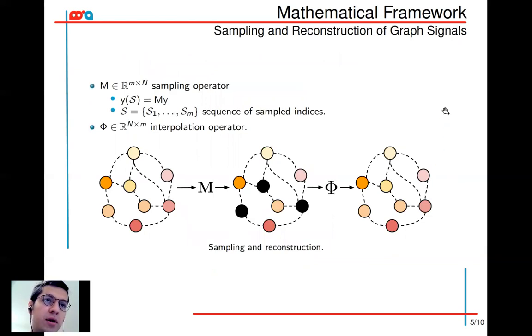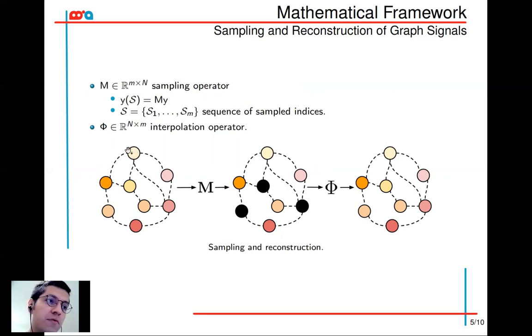Another important tool in graph signal processing is the reconstruction and sampling of graph signals. So for example, here we have a graph, and in graph signal processing, we have the structure of the graph, that is the way in which the nodes are connected between each other. And we also have the graph signal associated to those nodes.